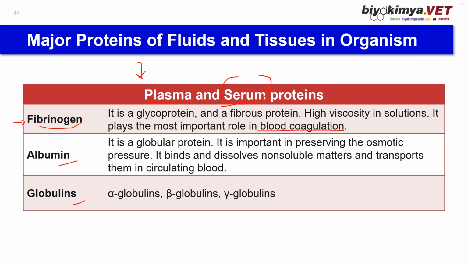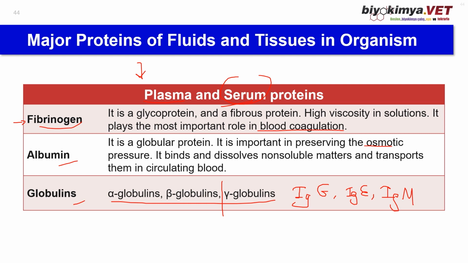And albumin, a globular protein, globulin also a globular protein. And albumin is important in osmotic pressure and also is a transport protein. And for the globulins, there are different types: alpha globulins, beta globulins, and gamma globulins. And the gamma globulins are the immunoglobulins, such as immunoglobulin G, IgG, IgE, IgM, and the other ones.